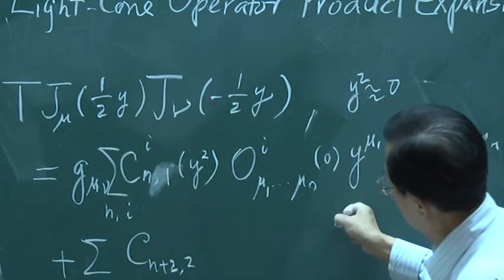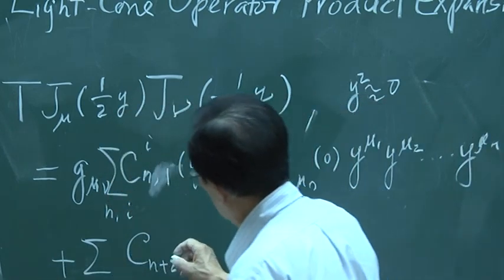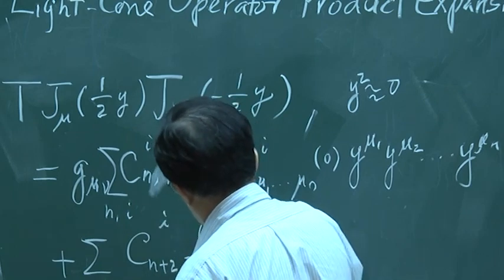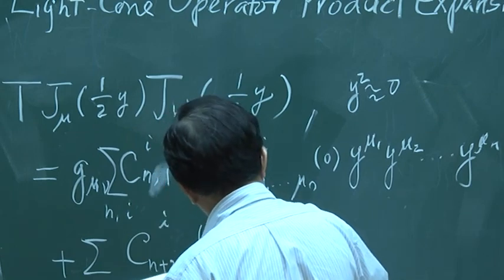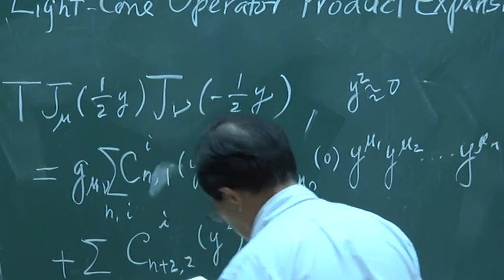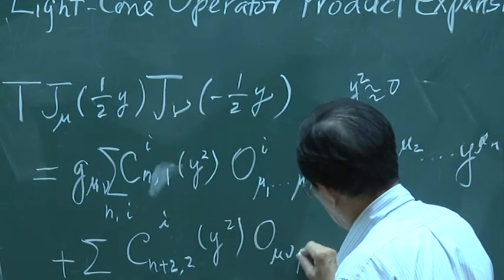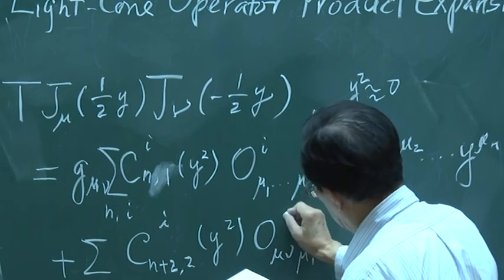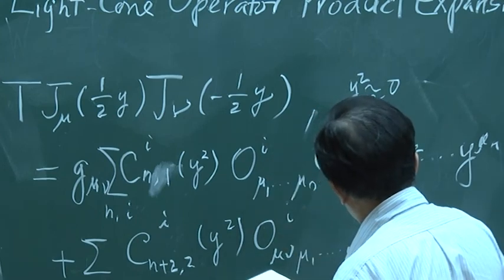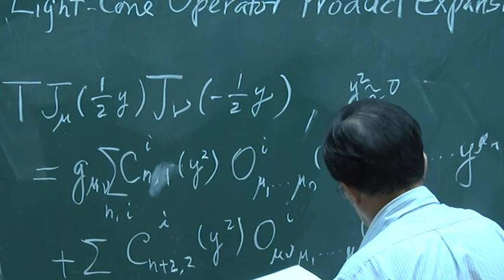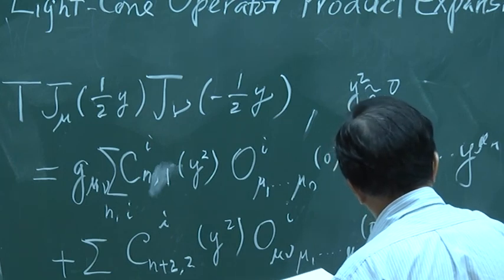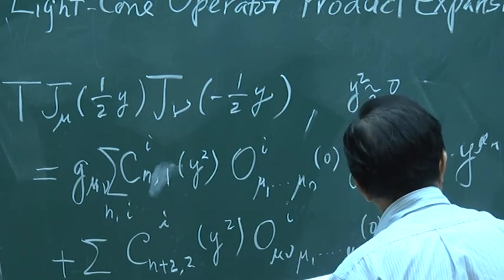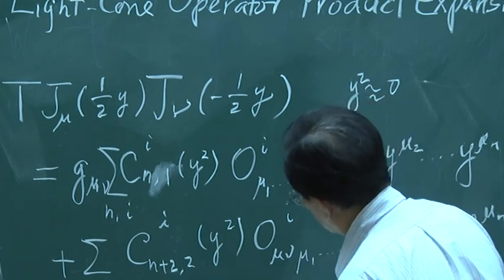This corresponds to this kind of operator, this corresponds to the other one, and then y squared, and then O mu nu, and then mu 1 to mu n, near 0, and then y mu 1, and then y mu n, row to row.